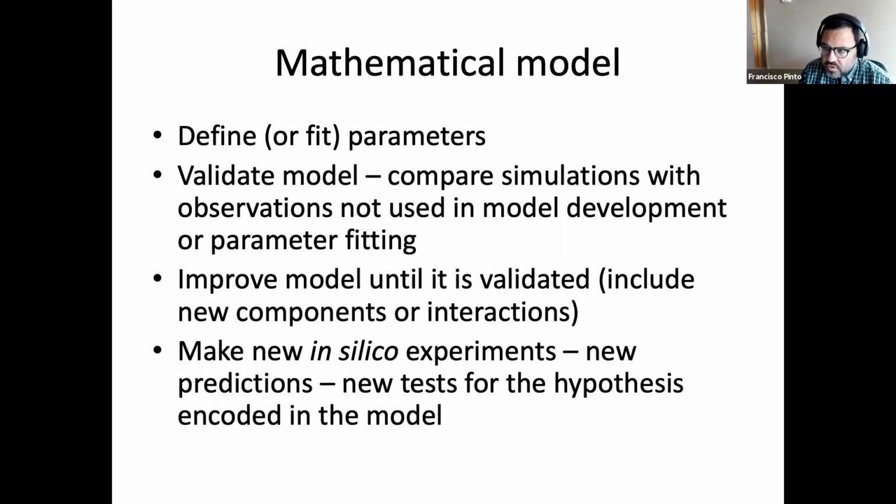Make predictions in new conditions and compare with new data that was not used to adjust the parameter values. And if you have good enough predictions that are close in value to the experimental observations, then you can trust that your model is well developed, and then make more in silico experiments to generate new knowledge or to test new hypotheses about how the system works.